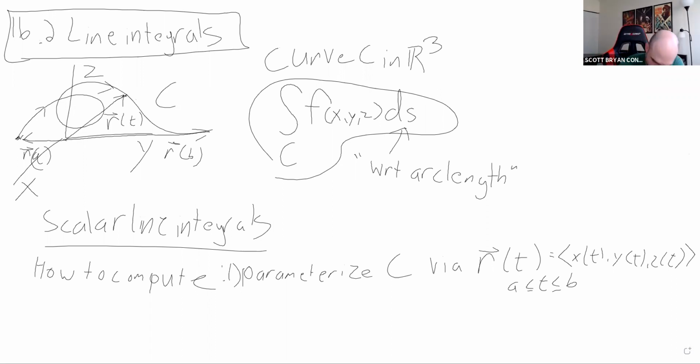Then we replace x, y, and z in the function we're integrating. So we replace x, y, and z in the integrand, the thing we're integrating, f of x, y, z, with their parameterizations.